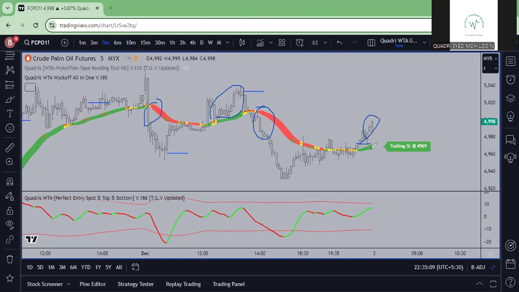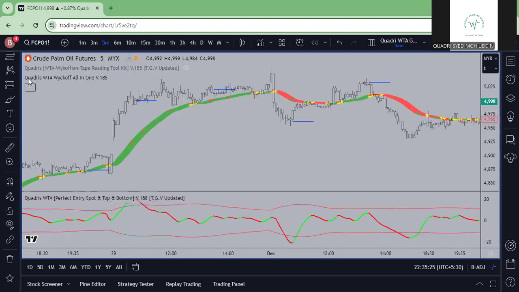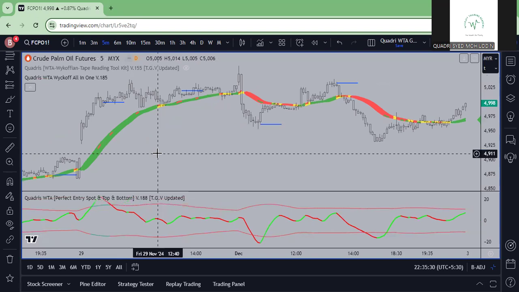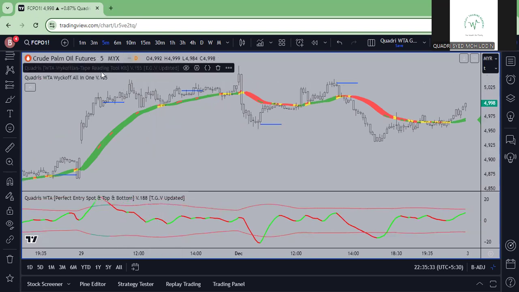Till that point, I'm not getting any heavy volume pullback, so I'm in the trade. There are many ways we get into a trade or exit out of a trade, so those things would be taught to you through videos on YouTube, so that you'll be in a better position to understand.